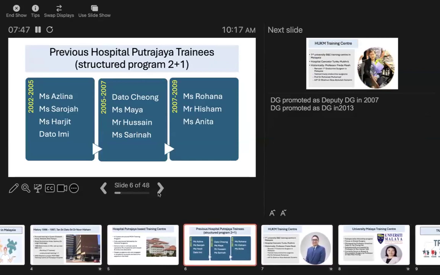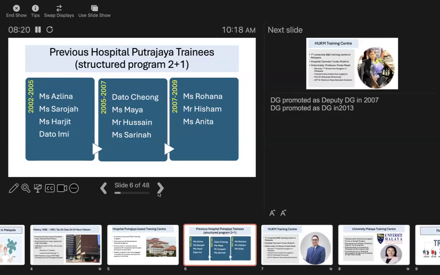The training program started in 2002 to 2005. It is a program of 2 years in and 1 year outside, and started with Miss Azlina, Miss Saroja, and Azlina. When I went to Putrajaya in 2005, the three of them were there in Putrajaya Hospital, until Dato joined in 2005, and Miss Maya as well as Mr. Hussein and Miss Sarina.